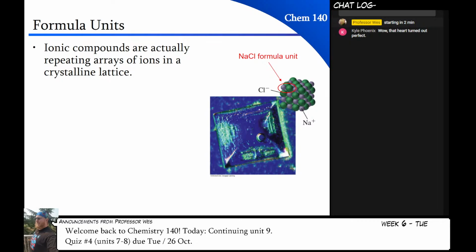In an ionic compound, ions will repeat over and over and over in patterns. And that pattern is called the formula unit. Now remember, the formula unit's total charge, like we just said on the previous page, is 0.